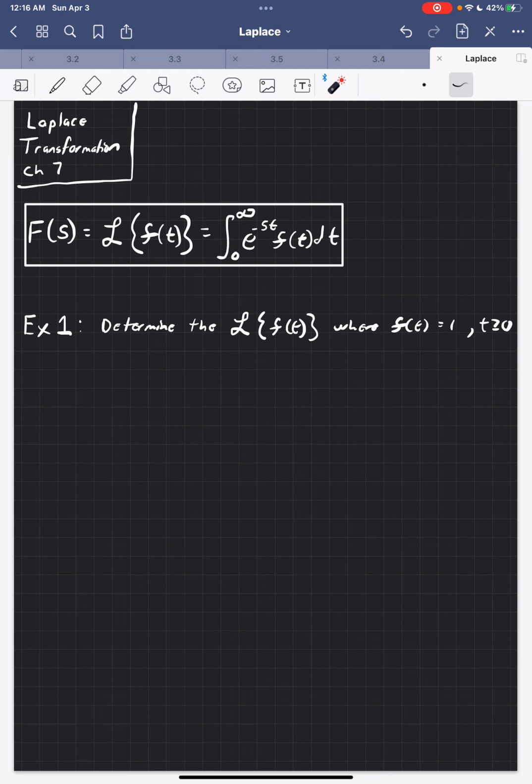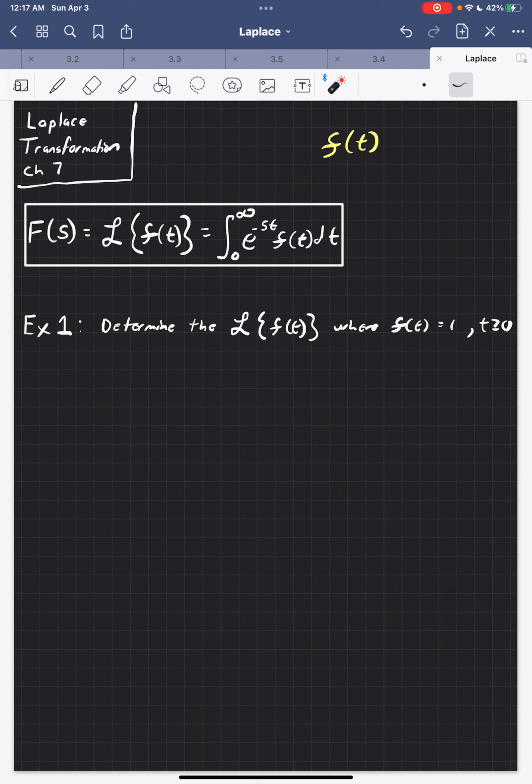Let's assume you have some function f of t, and you want to transform this function, with a special type of transformation which we're going to call the Laplace transformation. So notice how the Laplace transformation is defined. Let's make it really simple.